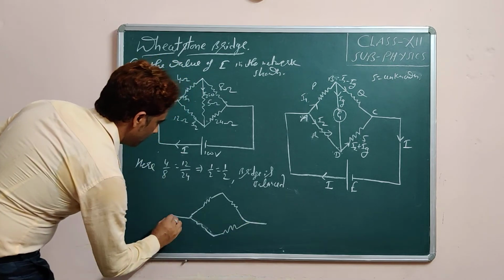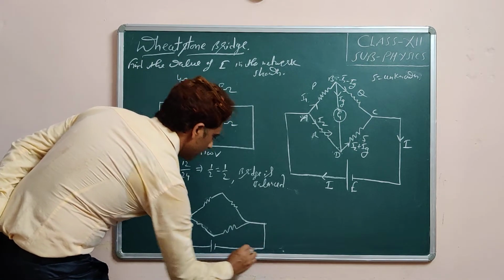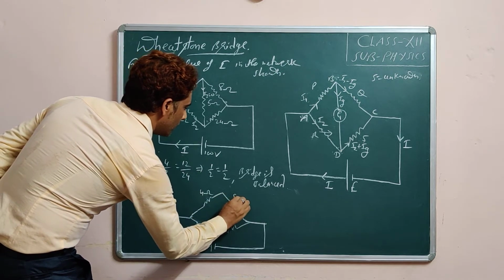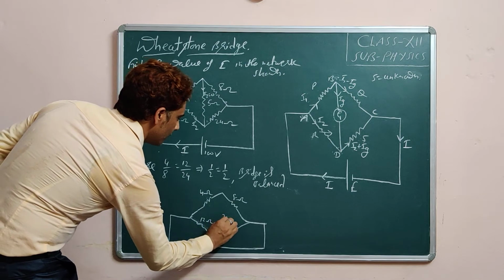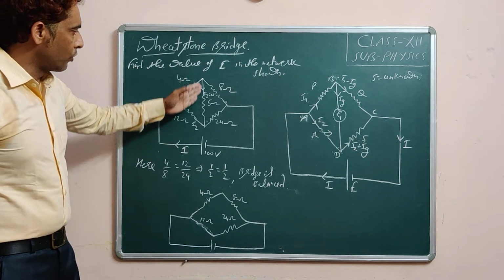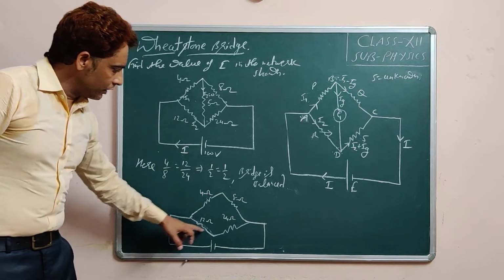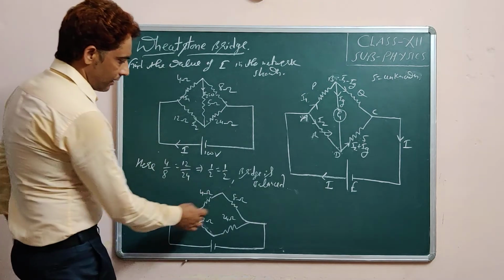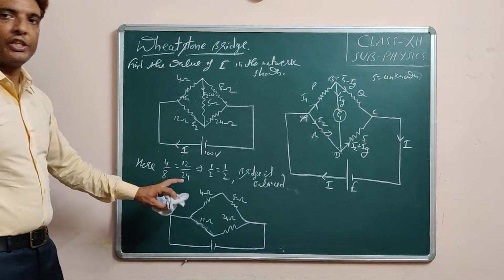So you can see these resistors 4 ohm, 8 ohm, 12 ohm, 24 ohm. So when this resistor will not contribute to our total resistance, these two resistors are in series, these two are in series, and then the combination of these two and these two are parallel with each other.